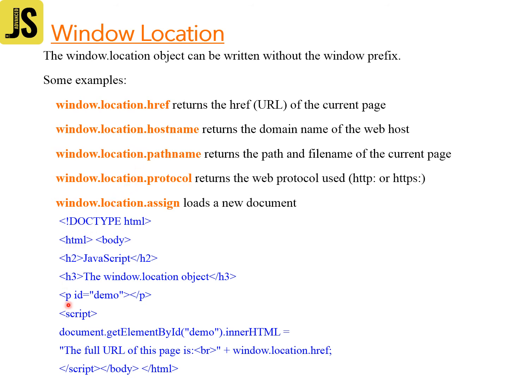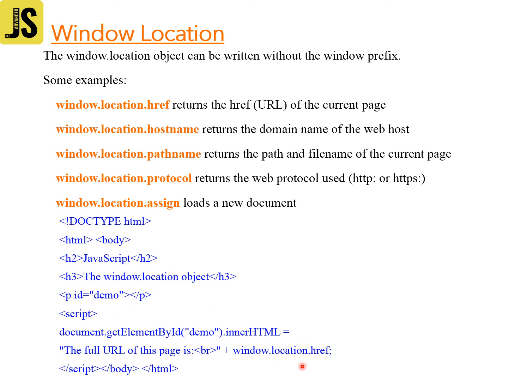And here we have a sample code. Inside the body a header is there with the value JavaScript. Another header is there, window.location object. Then a null paragraph with id demo. After that, the script tag is there. document.getElementById("demo").innerHTML equals "The full URL of this page is: " plus window.location.href.